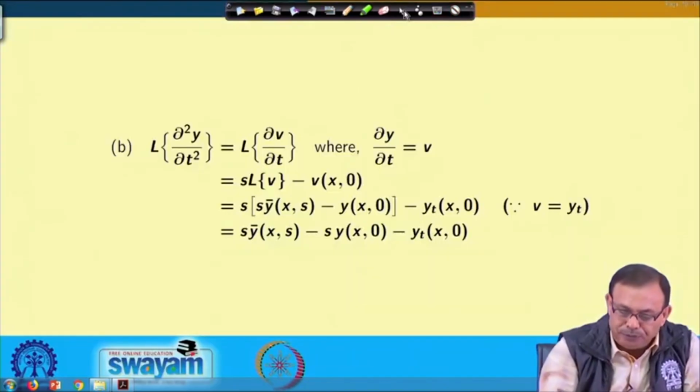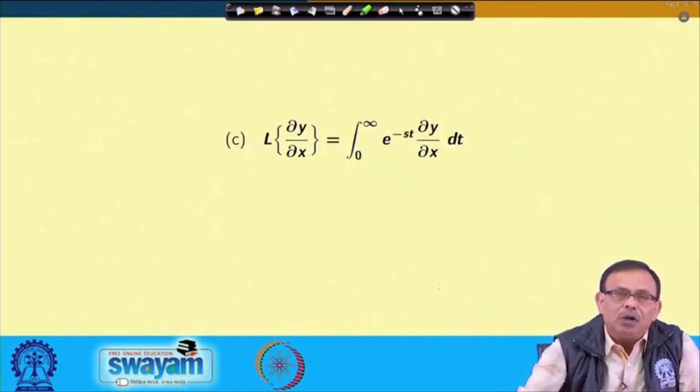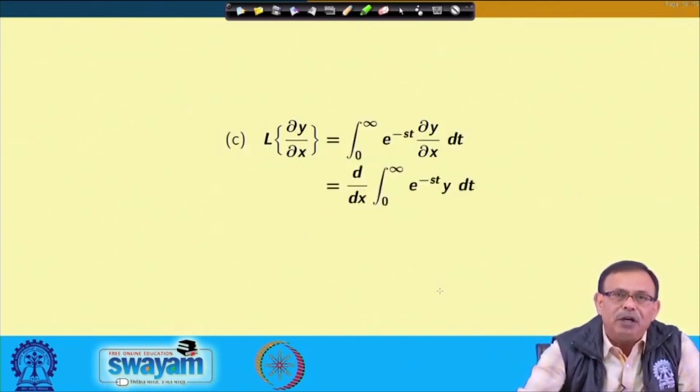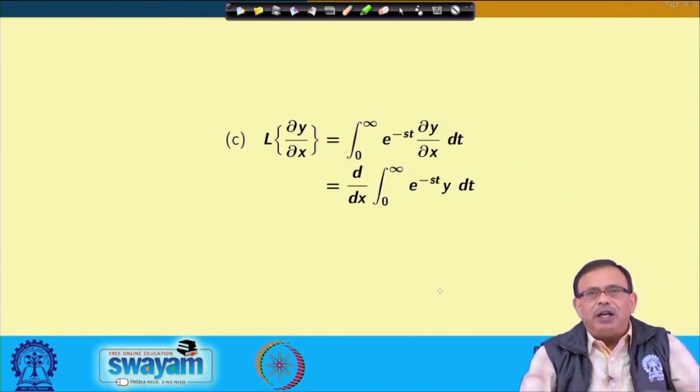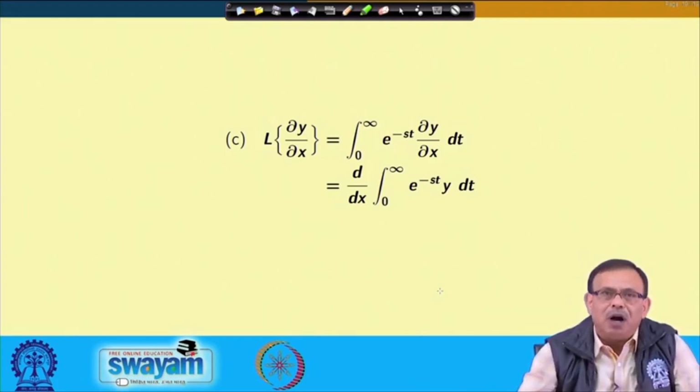Let us see the next part, number 3 also here. The Laplace transform of del y del x equals the integral from 0 to infinity of e power minus s t into del y del x into dt. Since it is a function of y and x, d dx can come outside.